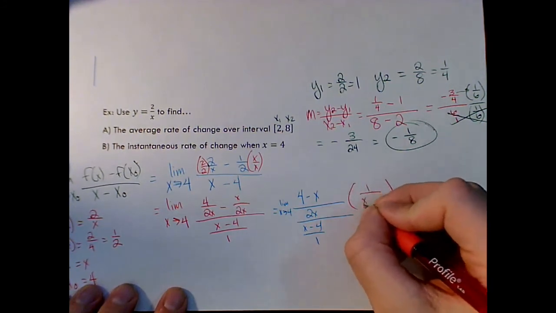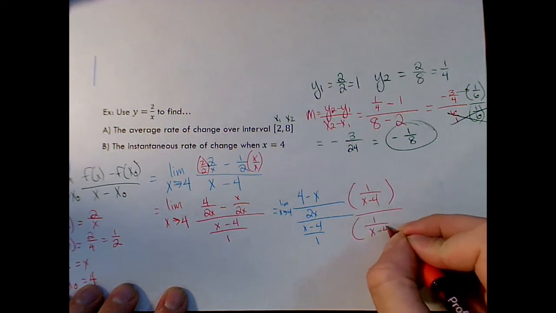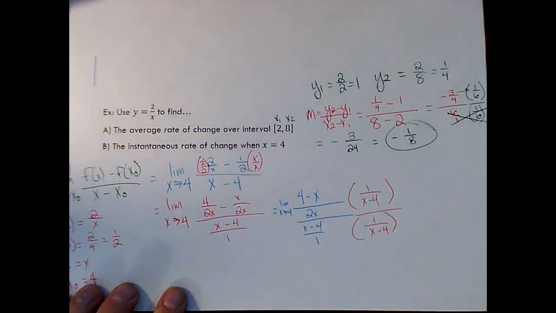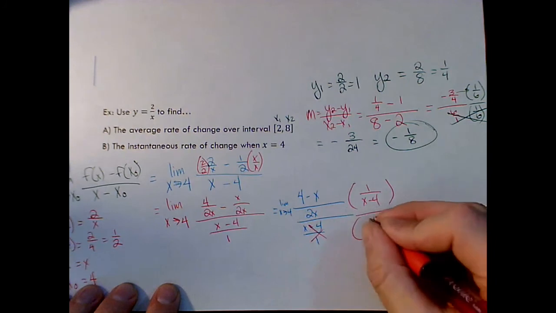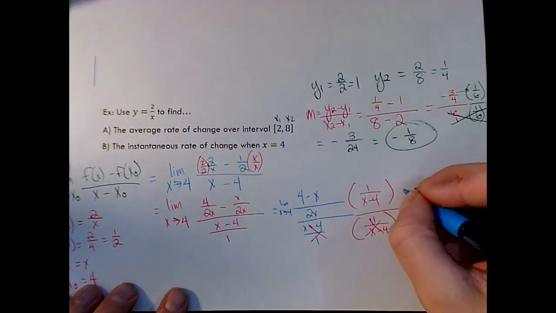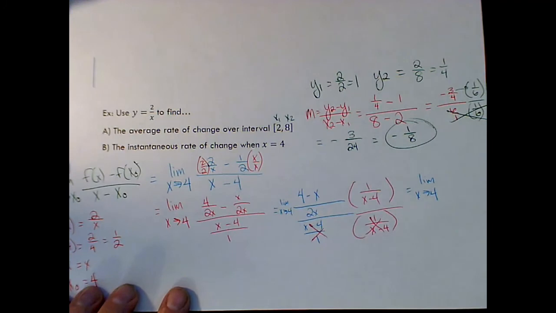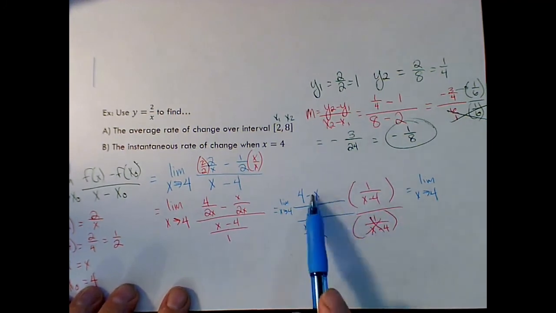So I have 1 over x minus 4, 1 over x minus 4. So that'll cross out. It's going to end up being the limit as x approaches 4. Now, before you get all excited and giddy, these two are not the same. They're not.